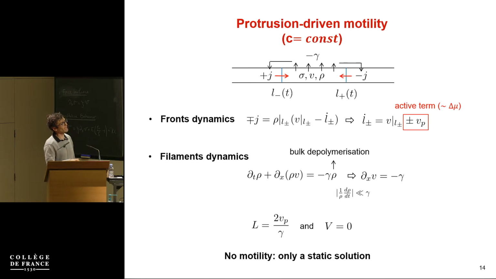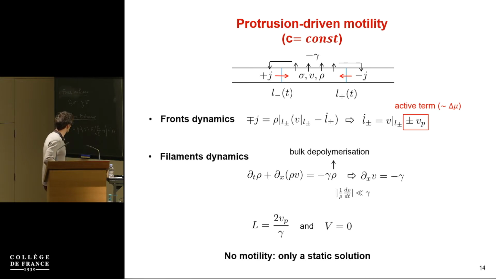Now, what you can do to make this physics simpler is to consider that the rate of change of the density is small compared to the rate of depolymerization. And if you do that, you end up with a simple form of the mass conservation law, where the divergence of the stress, as Raphael was writing and as is in Carles Blanche-Mercader's paper, is just equal to minus the depolymerization rate.